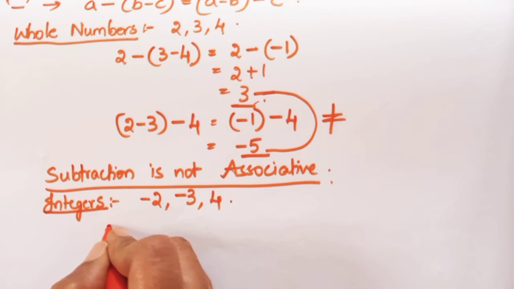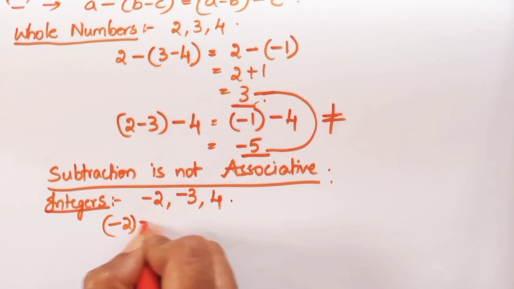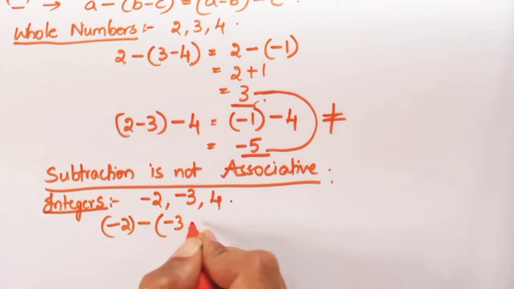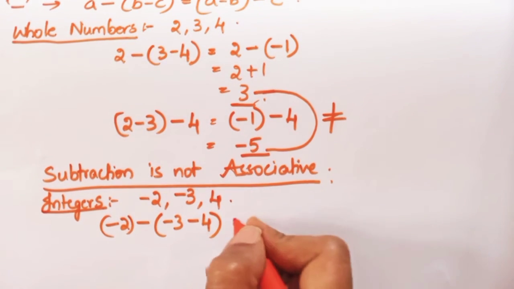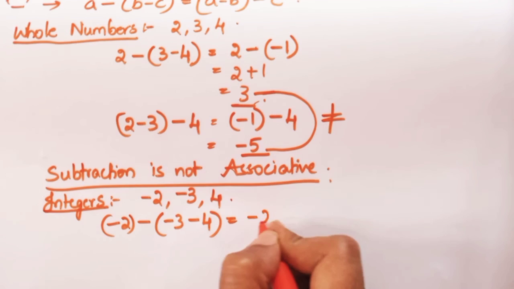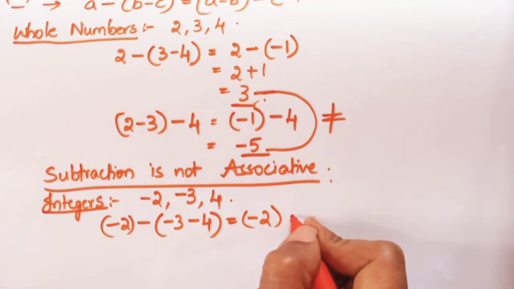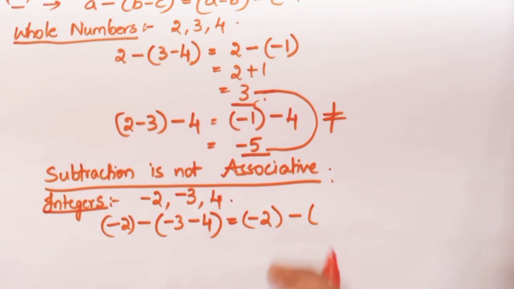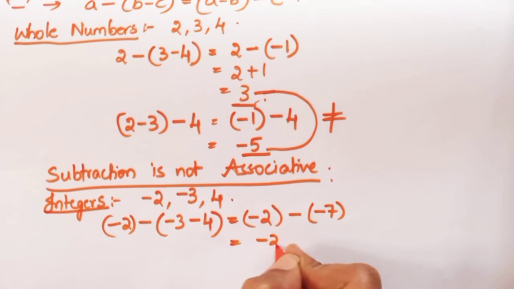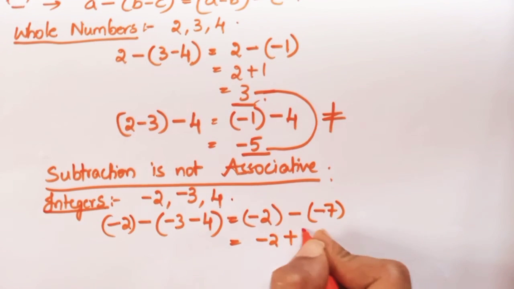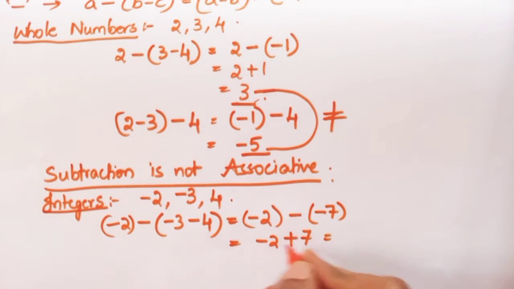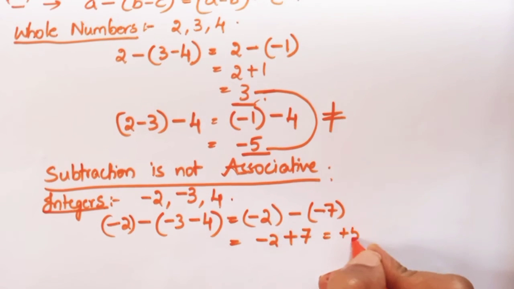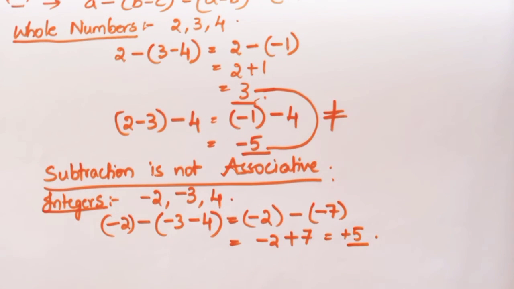Firstly, we need to do A minus B minus C, isn't it? So A will be like this. What will be B minus C? Minus 3 minus 4 gives me minus 7. Minus 2, minus of minus will become plus 7. It gives me minus 2 plus 7, the answer as plus 5.